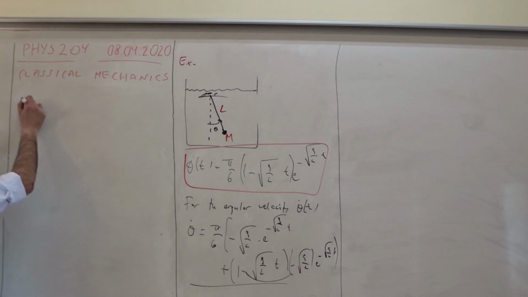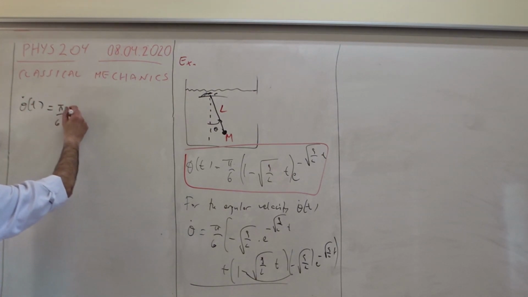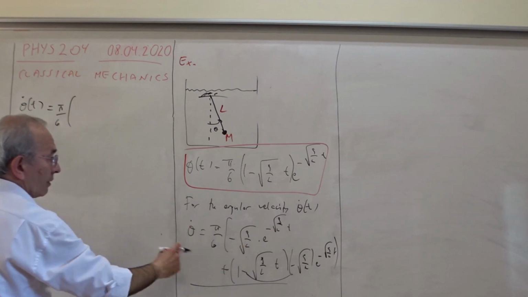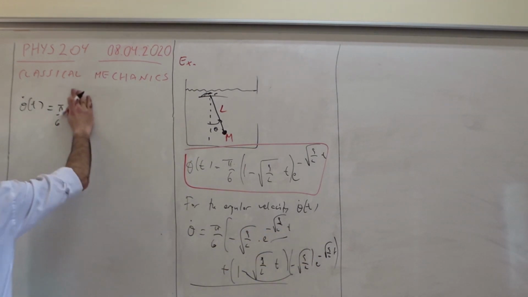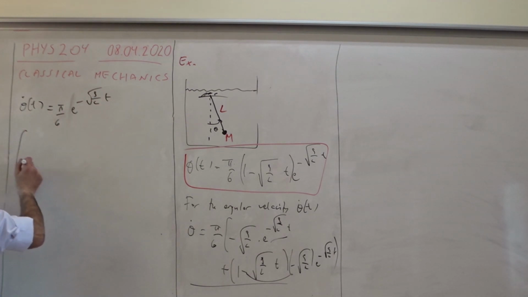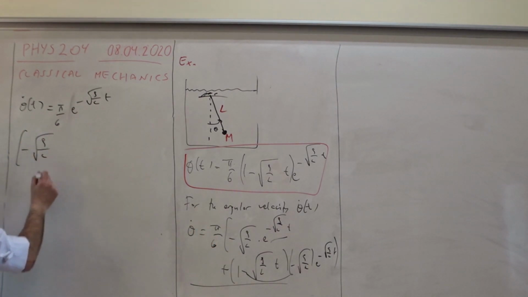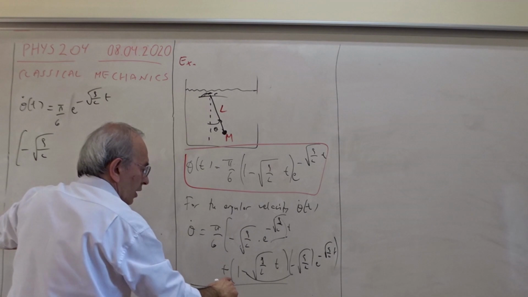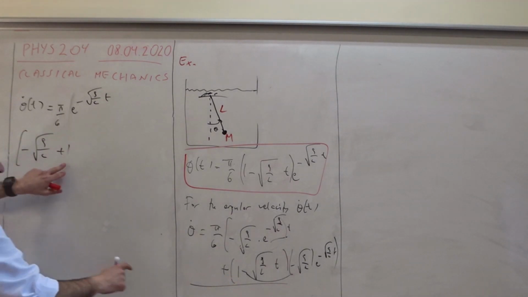So theta dot of t. First of all, we write this pi over 6 multiplied by. Again, we can also take this exponential outside. It is everywhere. Pi over 6 e to the minus root g over L t. Multiplied by, from the first one, you get minus g over L. So the first one is finished. Next one, plus a 1.